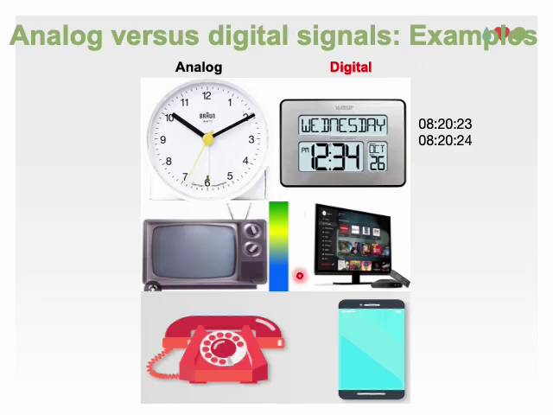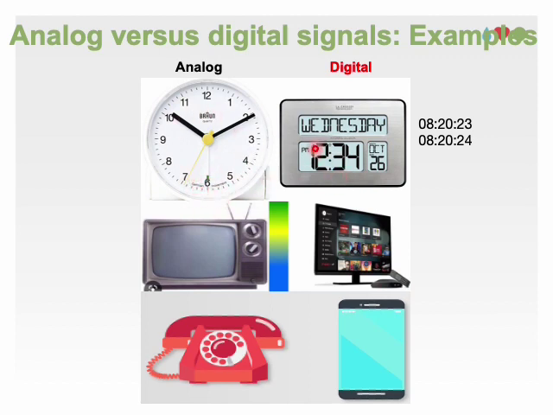Let me give you some daily life examples. For example, an analog clock gives time by the changing positions of its three hands. It means that by rotation of the arms, we can have access to infinite values representing time.